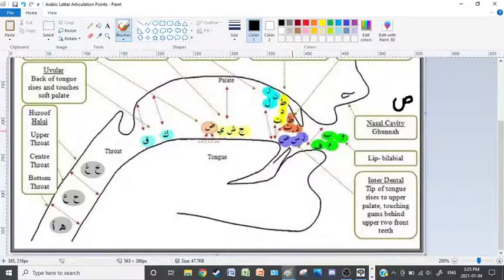Then we have these letters in, I believe that is orange. Zal, Tha, and Dha. Those require the top teeth and the tongue.